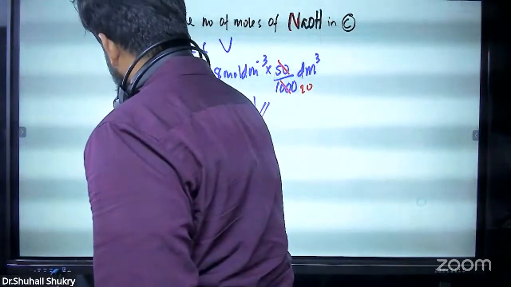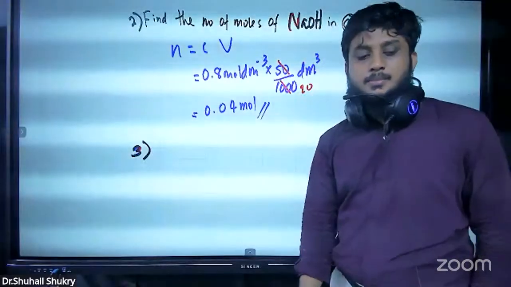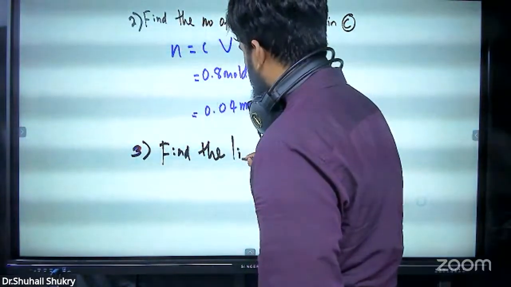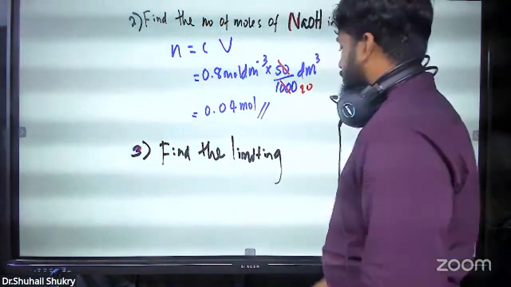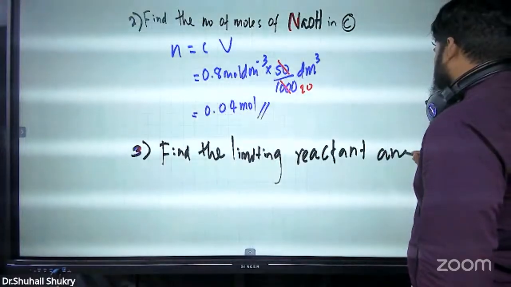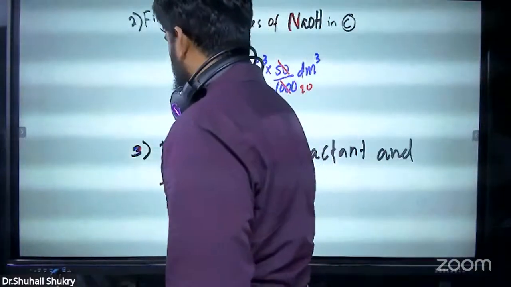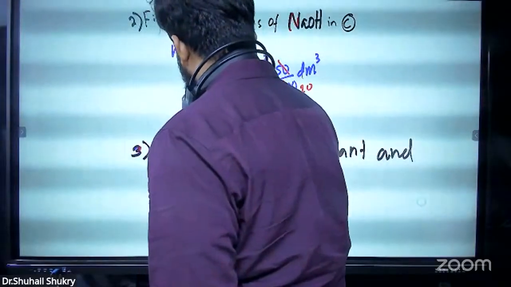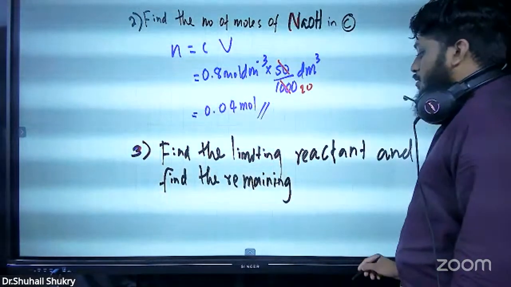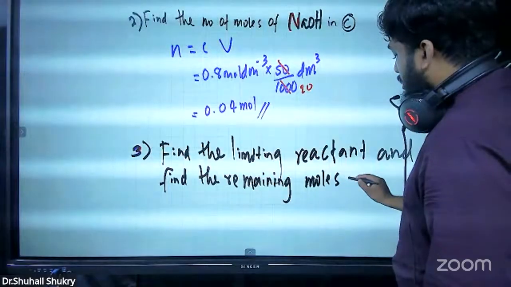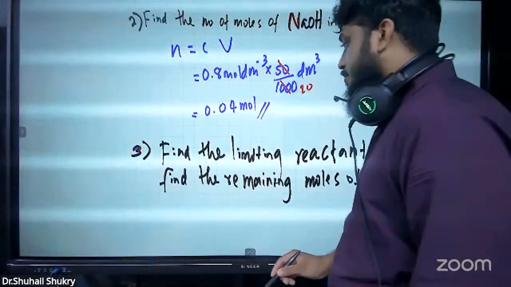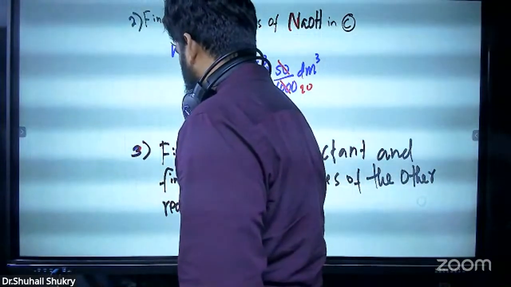They will ask you, find the limiting reactant and find the remaining moles of the other reactant. So this is the question.